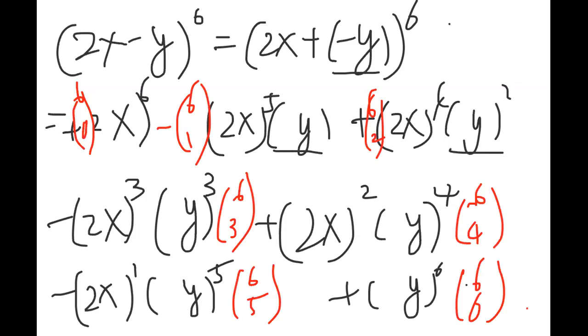Okay. And when you do the calculation, 6 choose 0 is equal to 1. 6 choose 1 is equal to 6. 6 choose 2 is equal to 15. 6 choose 3, oh, this may be a little bit hard.